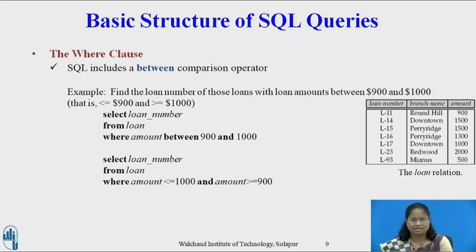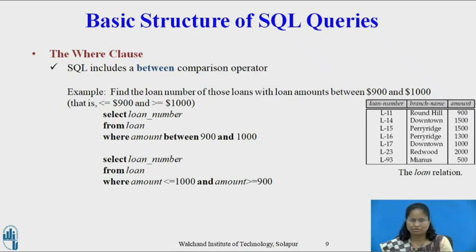SQL includes a between comparison operator to simplify where clauses that specify that a value be less than or equal to some value and greater than or equal to some other value. Example, find the loan numbers of those loans with loan amounts between $900 and $1000.